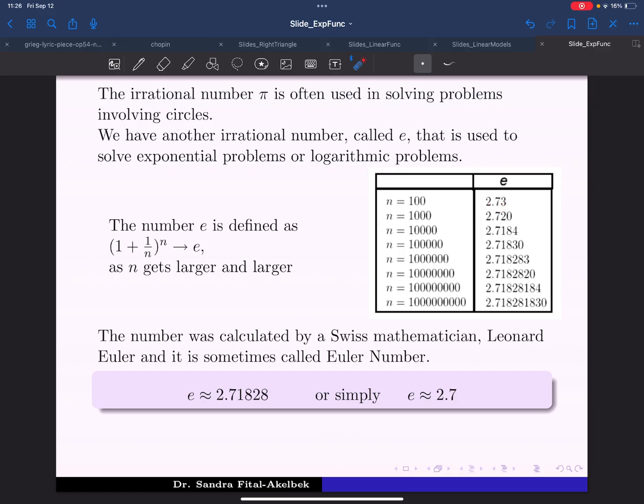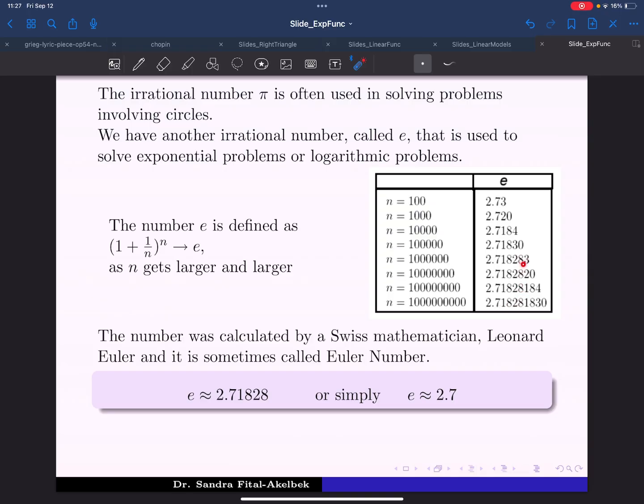Then for a larger number, 1000, substitute 1000 here and here, calculate this number, and that's your approximation. For 10,000, you get this number. For 100,000, you get this number, and so on. So this number approaches a constant, called e. So the e approximation is 2.1782.